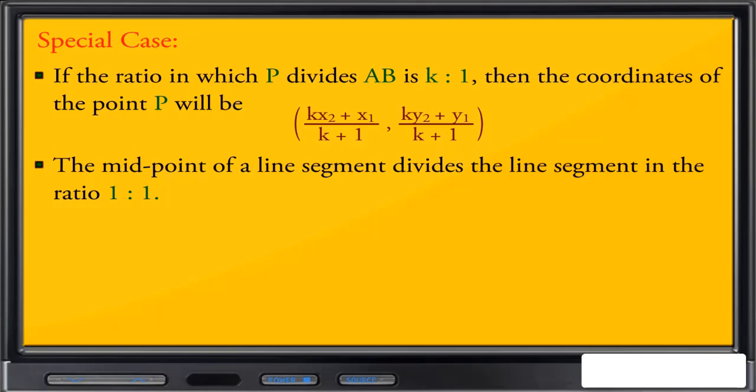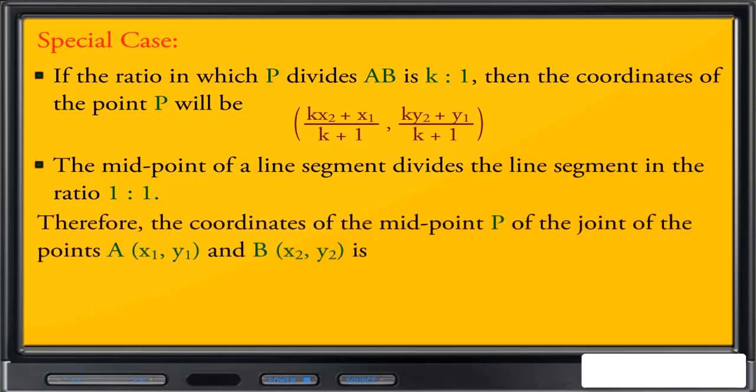The midpoint of a line segment divides the line segment in the ratio 1:1. Therefore, the coordinates of the midpoint P of the joint of the points A (x1, y1) and B (x2, y2) is (1 into x1 plus 1 into x2 upon 1 plus 1, 1 into y1 plus 1 into y2 upon 1 plus 1).